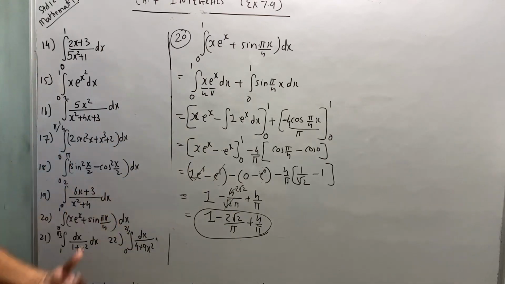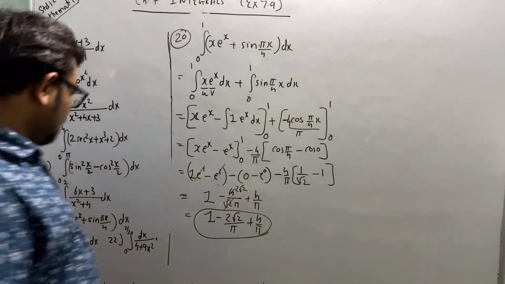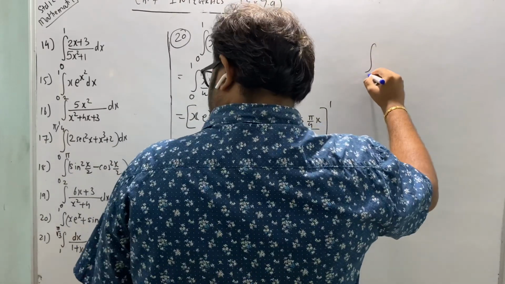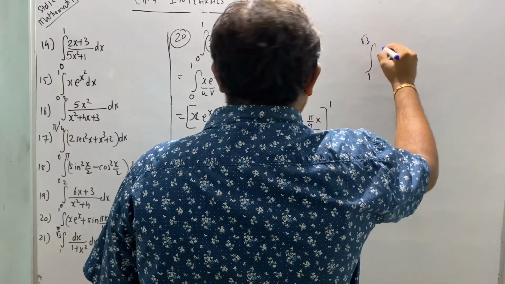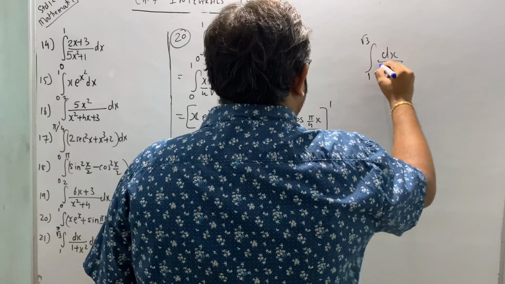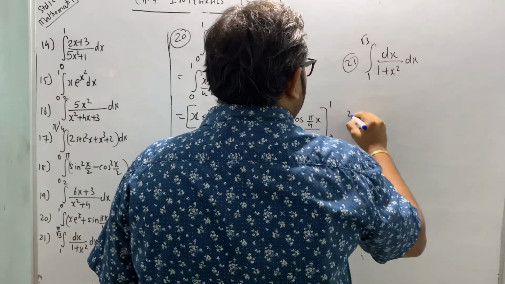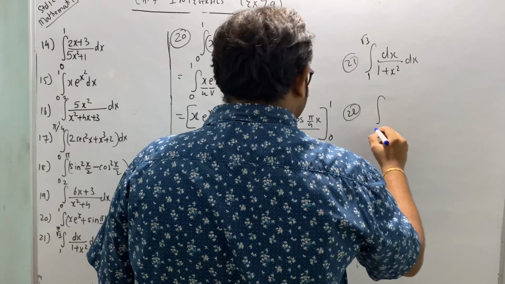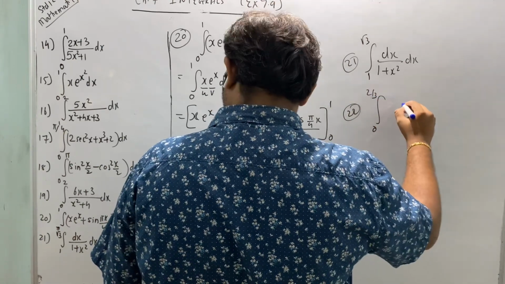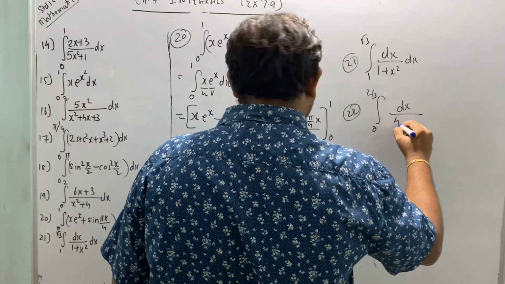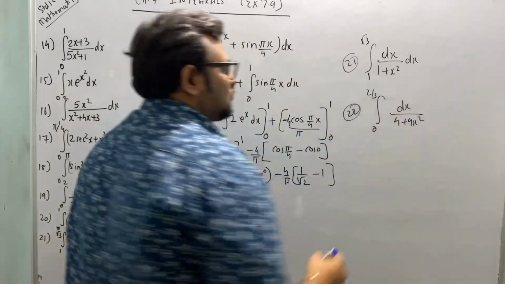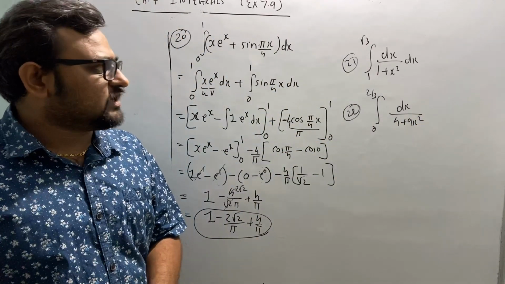Clear? Now 21 and 22 are both similar questions. 21 is the integration from 1 to root 3 of dx upon 1 plus x square dx, and 22 is the integration from 0 to 2 by 3 of dx upon 4 plus 9x square. Both are similar questions, both are MCQ.